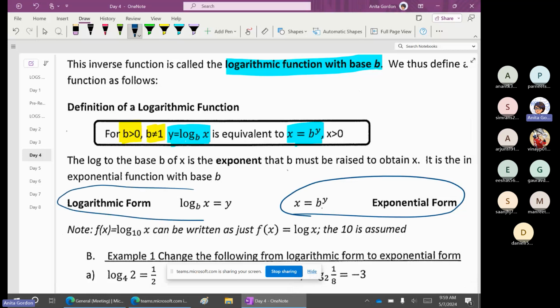And this is what we call logarithmic form. These two things are equivalent. Okay, because we have here y is in the exponent and x is by the logarithm. So these are both inverse functions. One is written in exponential form and one is written in logarithmic form.